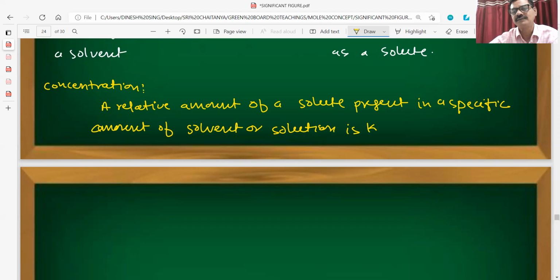This is known as concentration. So basically this is the relative amount of a solute which is present in a solution.